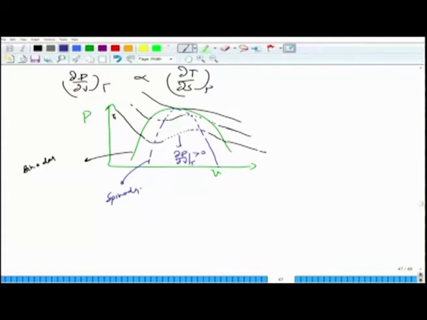So the case where del p by del v is 0 is here as well as here, because that is the minimum and that is the maximum. We are trying to connect these dots. When you connect them, we get this blue curve, and this becomes the limit of stability. This region is your metastable region, and this region is your unstable region.